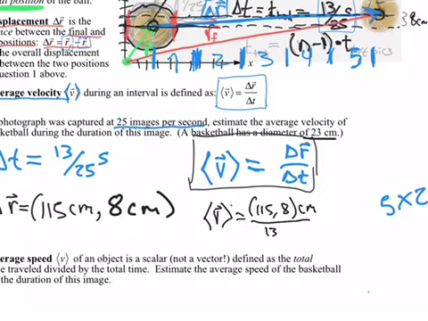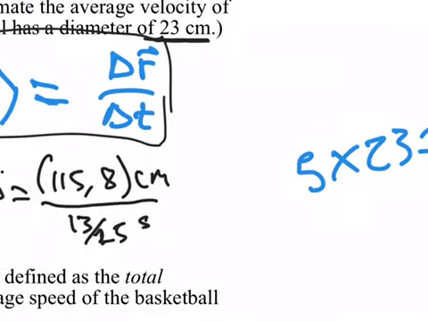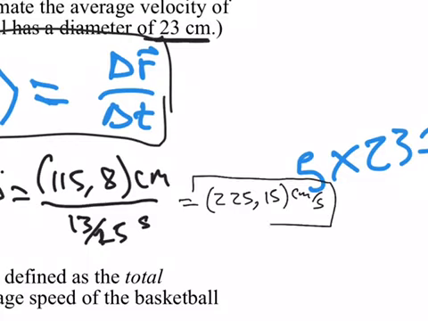Divided by 13 over 25 seconds. And if you work that out, that is equal to (225, 15) centimeters per second. And so that is our average velocity vector.